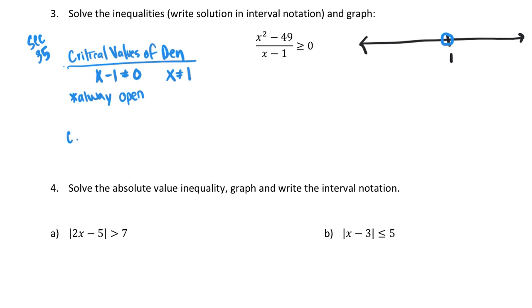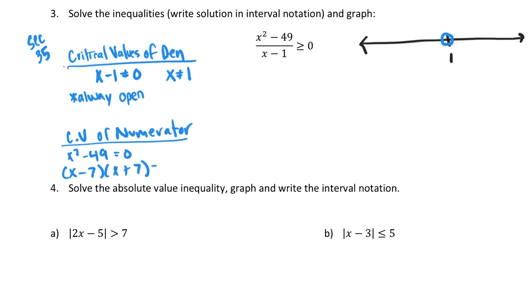Then we're going to find the critical value of the numerator. And that is going to happen, we probably should have factored, but we can take this x squared minus 49. We can factor it now. So we can go x minus 7, x plus 7.